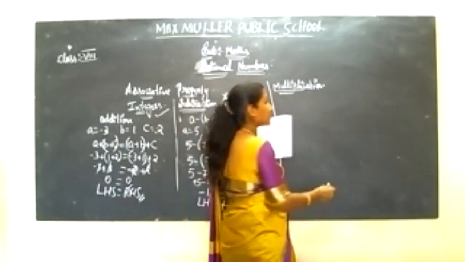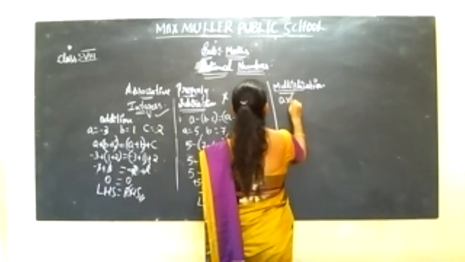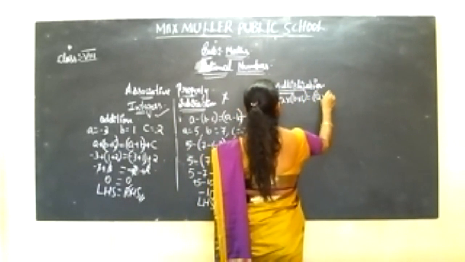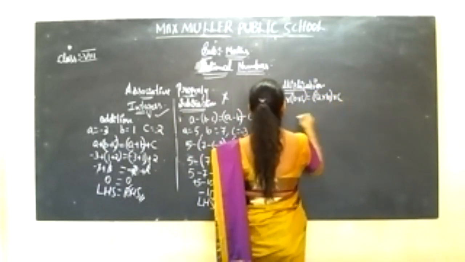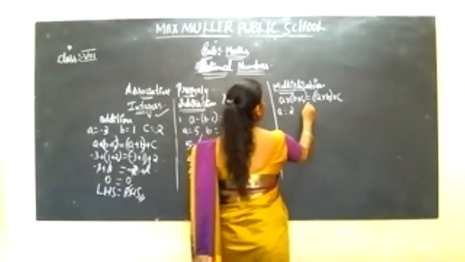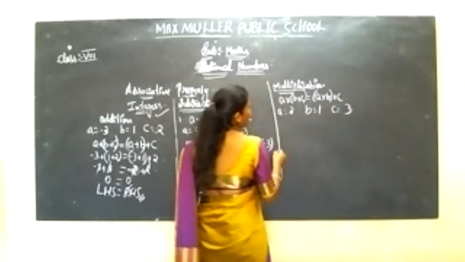We'll take the same example: A into B into C is equal to A into B into C. So A is equal to 2, B is equal to 1, C is equal to 3 we'll take.